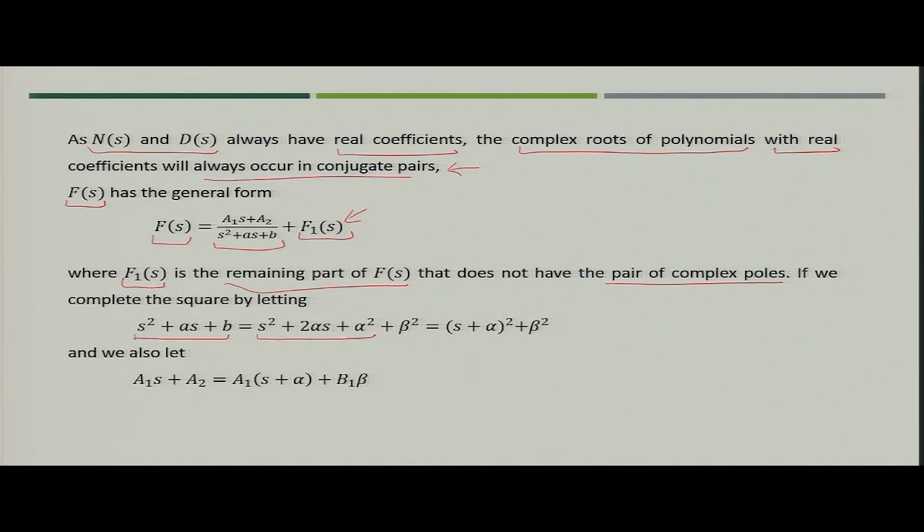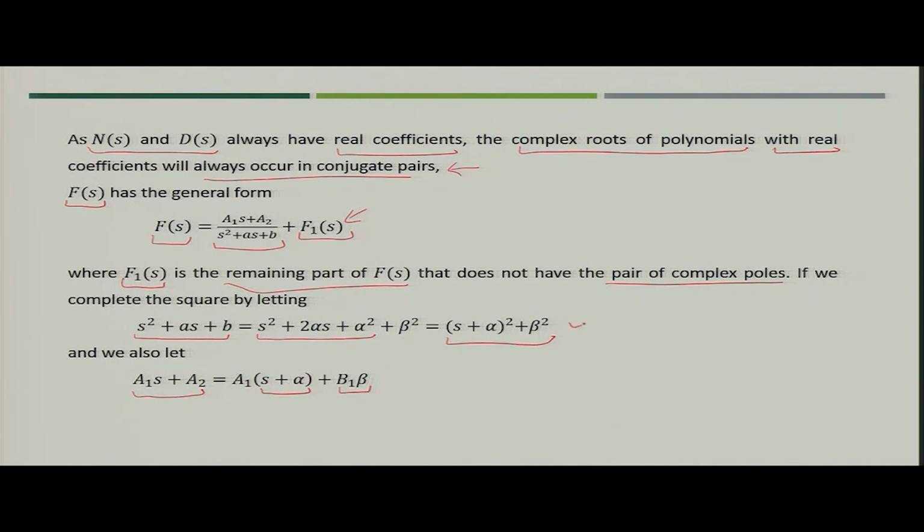If you can rearrange the polynomial in such a way, you can simply say that this polynomial can be represented as (s plus alpha) square plus beta square. Similarly, in the numerator you can arrange the polynomial so that it looks like a1 into (s plus alpha) plus b1 beta.